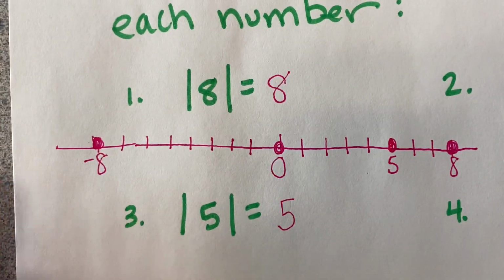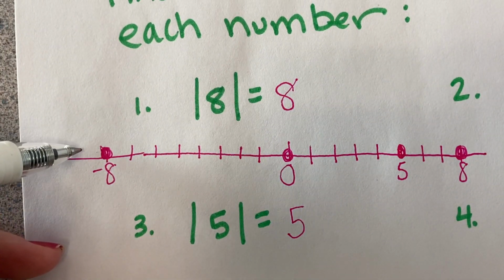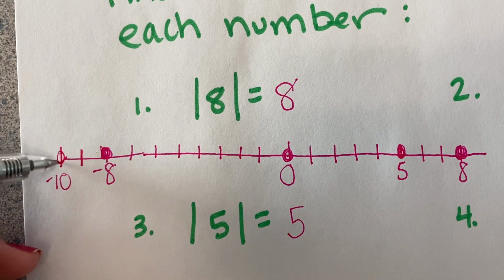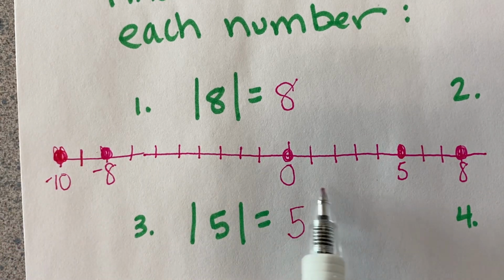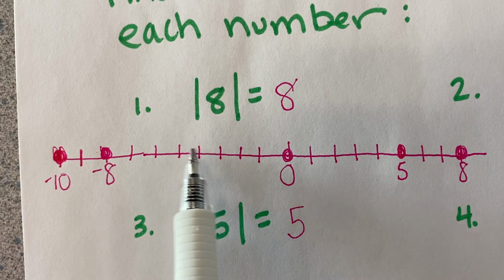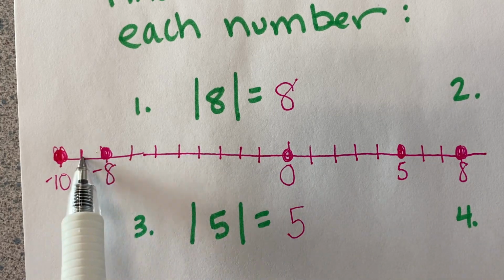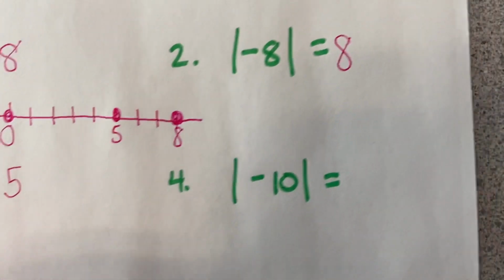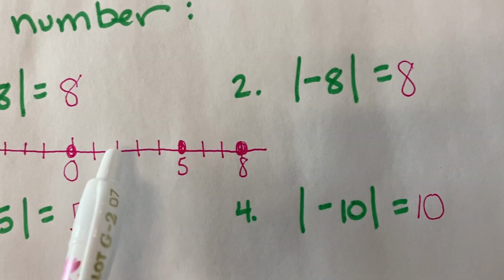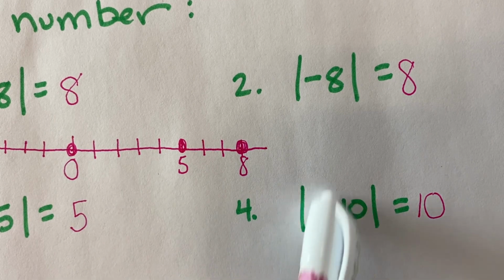Well, if we were to come over here and plot -9, -10 would be right here. The distance between 0 and -10, let's count. 1, 2, 3, 4, 5, 6, 7, 8, 9, 10. It's just 10. So it looks to me like even if we didn't have a number line, I think we could do this in our heads.